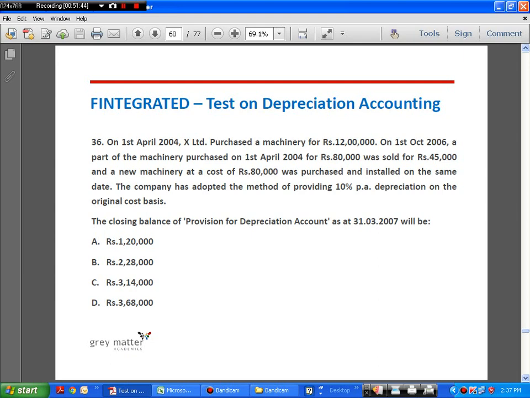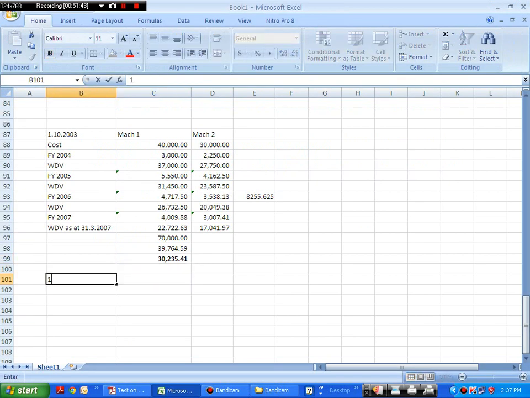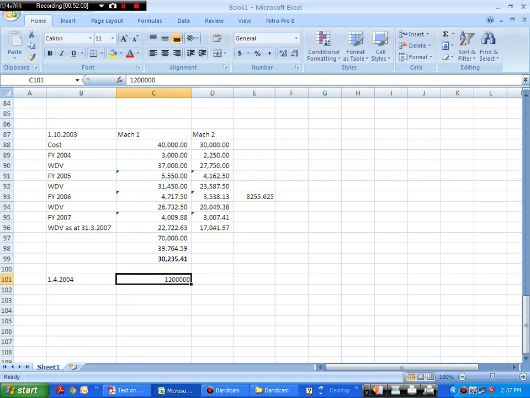So on 1st April 2004, an asset costing 12 lakhs has been purchased, right? And a portion of it is being sold only on 1st October 2006. So we'll depreciate the asset for FY 2005 at 1 lakh 20,000.